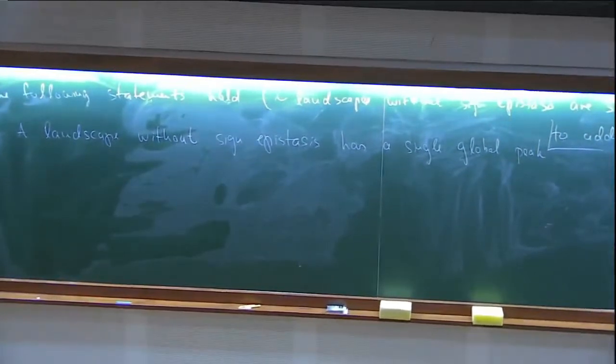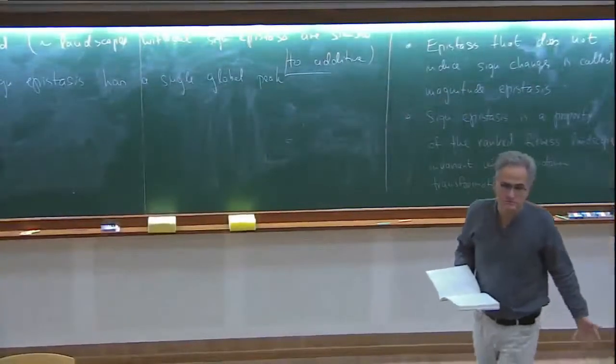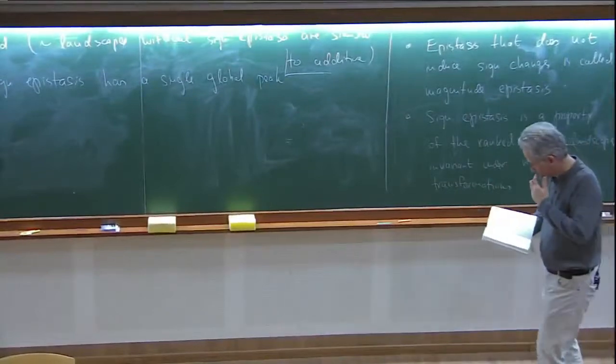This is actually rather easy to understand. If there's no sign epistasis, then each locus has a selection coefficient of a fixed sign. This means that one state of the locus has higher fitness than the other. So in order to get to the global maximum, you just have to put every locus into its better state, and that's the only solution.